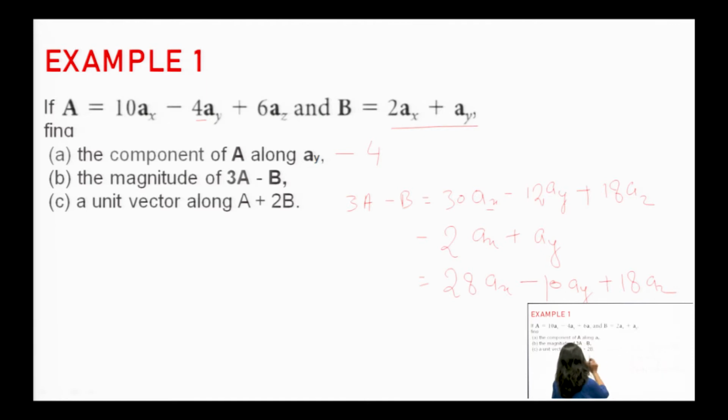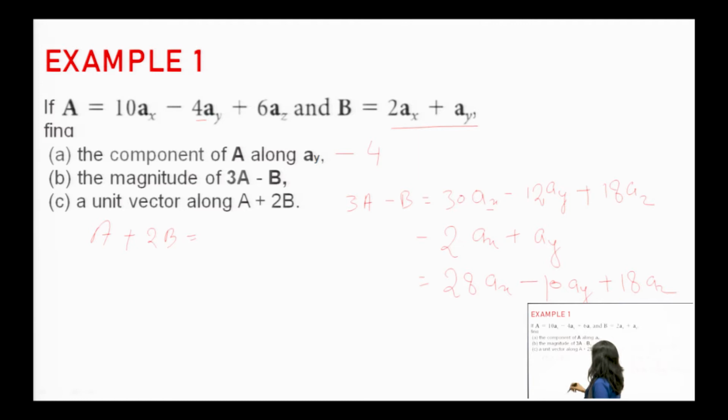Next we need to find the unit vector along A plus 2B. For that, first of all we need to find the value of A plus 2B. Unit vector is nothing but a vector which has magnitude as unity and gives the direction. So first of all let us find the value of A plus 2B.